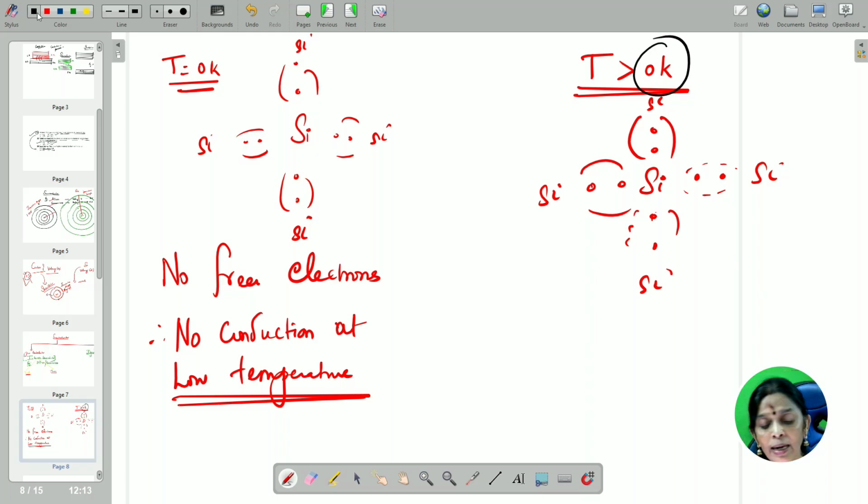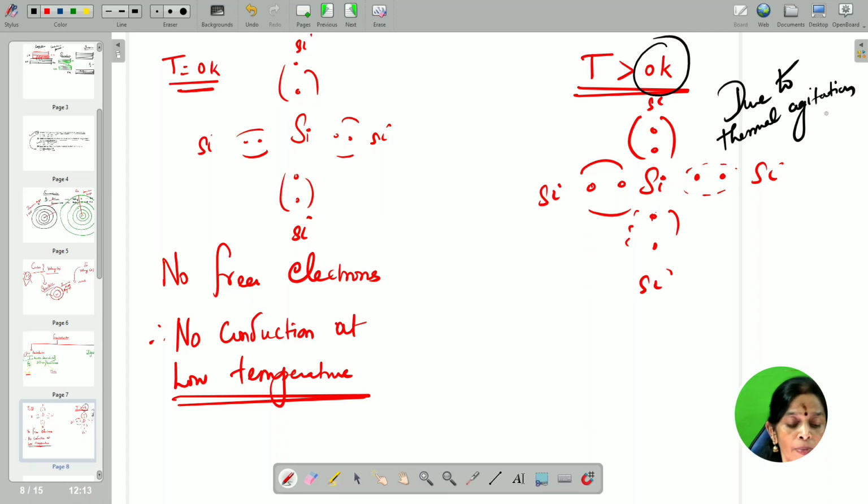Due to thermal agitation, thermal meaning heat, number 1, the covalent bond breaks. When the covalent bond is broken, what will happen? The electron is left free.